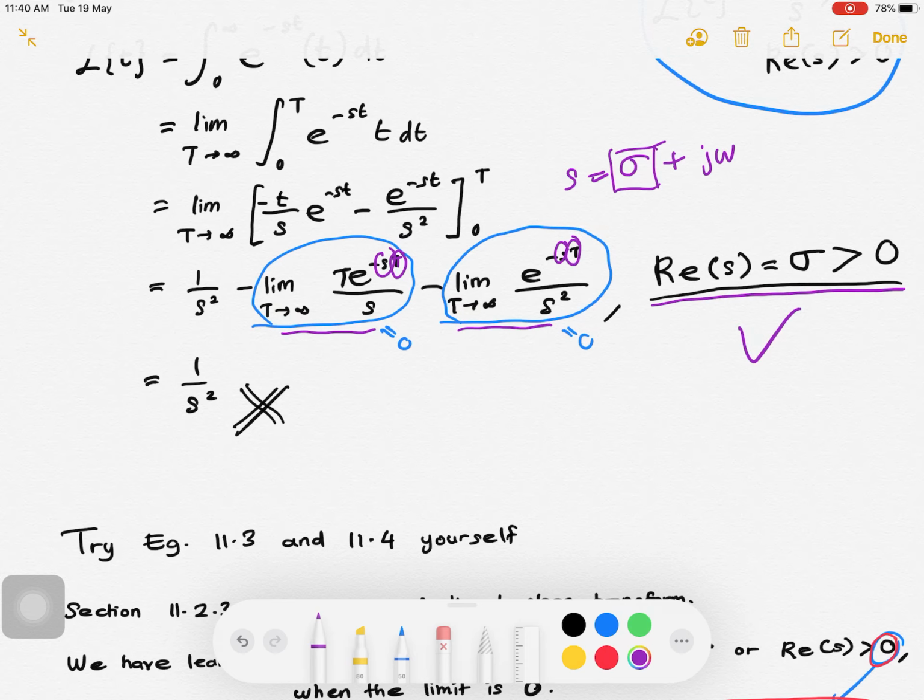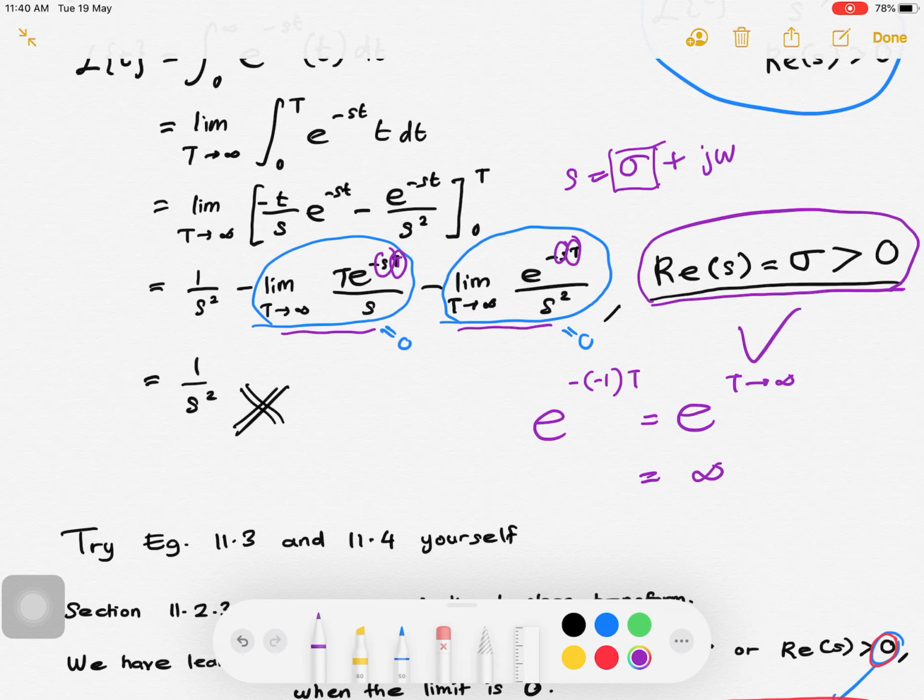Okay, so when epsilon is a negative value, for any negative value, for example negative 1 t, this one will be e power of t. So when t is going to infinity, this one will be going to infinity. So we don't want this kind of case. Therefore, we decide the condition is that epsilon should be bigger than 0.